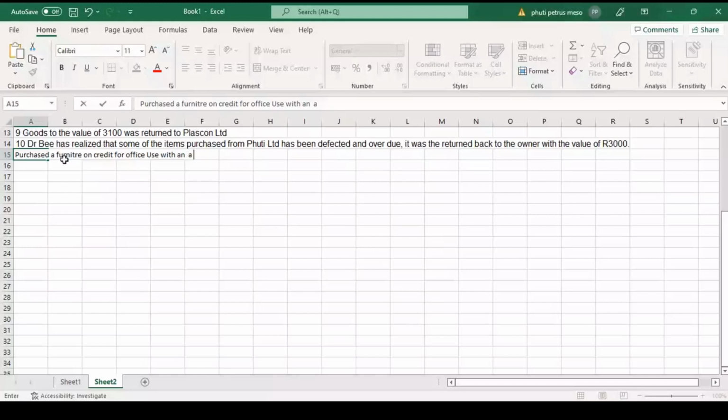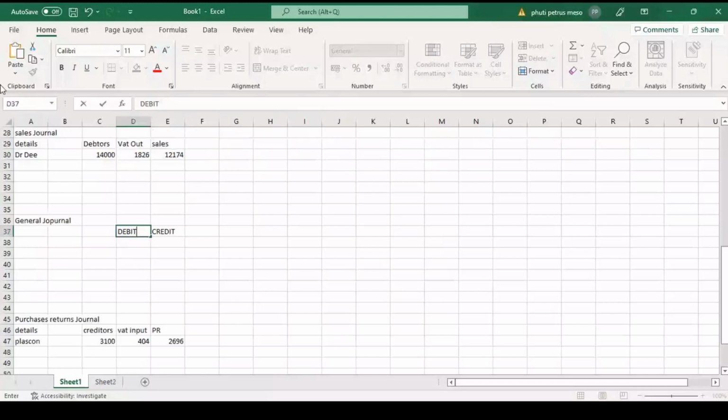Then you just say under your general journal, where's my sheet one? Okay, general. So remember, your journal would only consist of your debit and your credit. So the bigger question will be how do you record that. Let me have a look at my notes quickly.